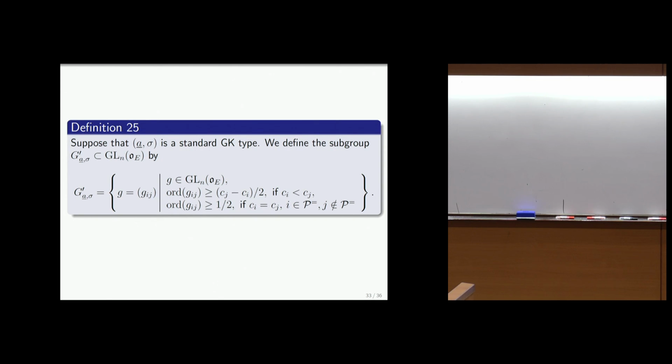G'(A, σ) is the set of unimodular matrices g such that the order of g_ij is greater than or equal to (C_j − C_i)/2 if C_i is smaller than C_j, and the order of g_ij is greater than or equal to 1/2 if C_i equals C_j and i belongs to P_equal and j does not belong to P_equal. P_equal is the set of i such that A_i equals A_σ(i).